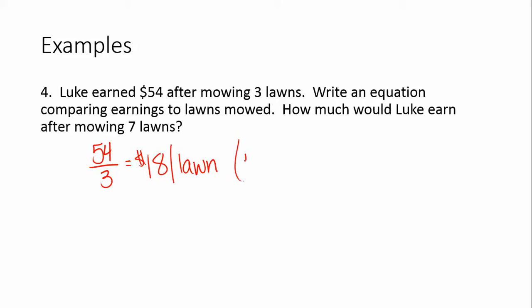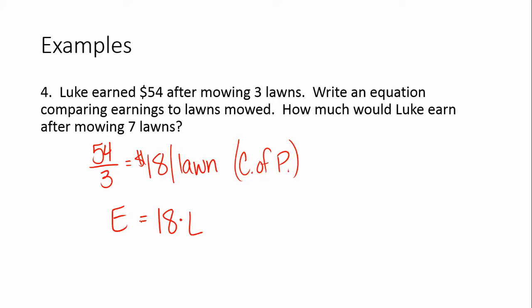This again is the constant of proportionality. Now we want to write an equation that compares his earnings to the lawns mowed. So we're going to use that 18, and I'll use a capital L for lawns.